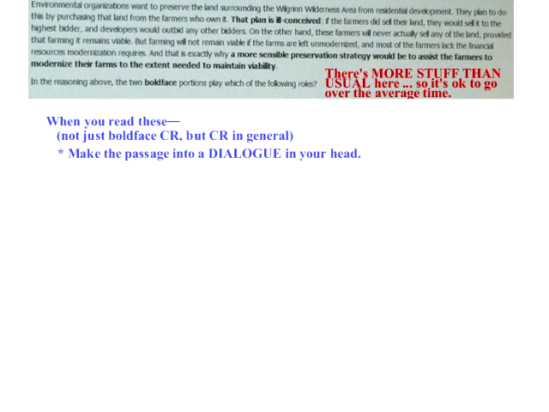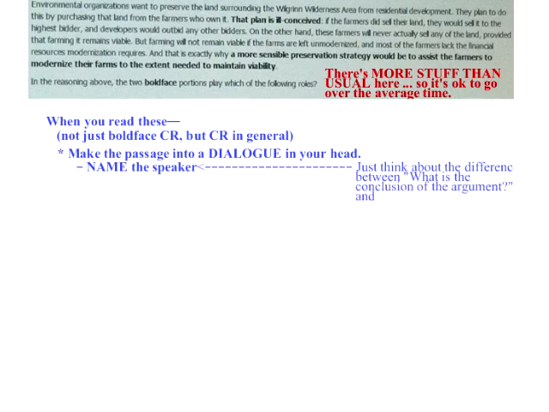So what helps you here is if you actually name the speaker. This seems like something that's really stupid to do at first, but it's really not. If you want to see the value of this in action, just think about the difference between asking what is the conclusion of the argument and why is Stephanie telling me this?